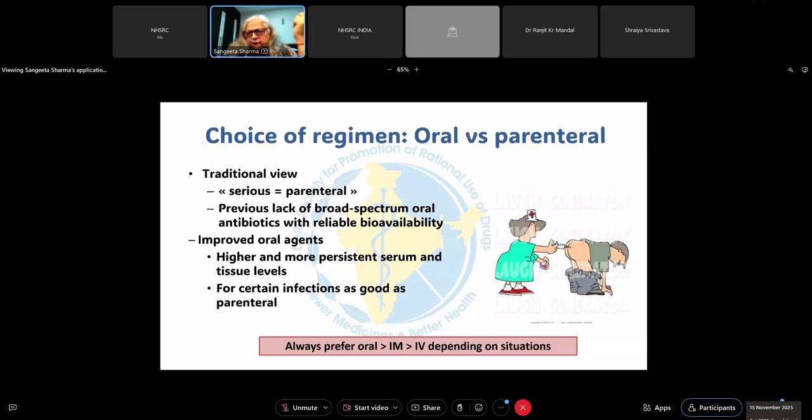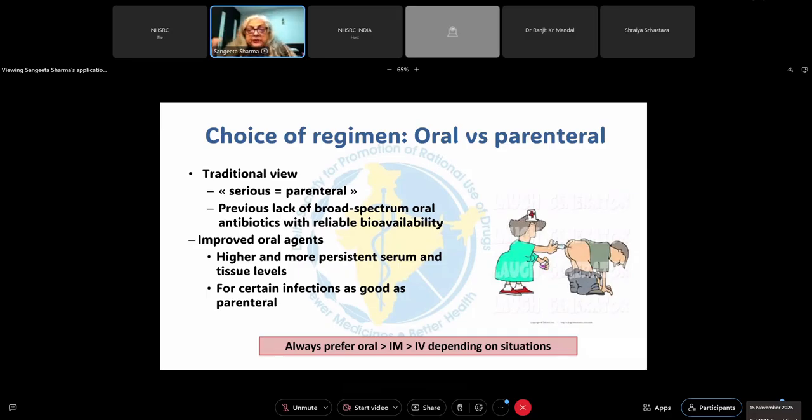Now we have cefixime available. If cefixime is working, why do we need to give ceftriaxone for that? So earlier, this was because oral was not there. But unfortunately, this belief is still continuing, and patients are continued on IV.